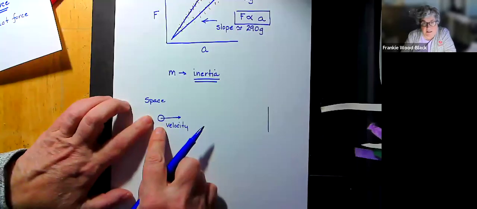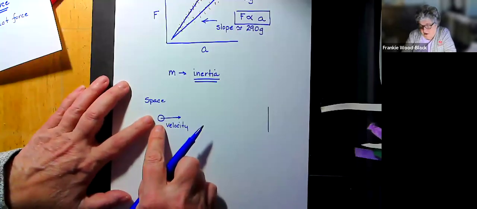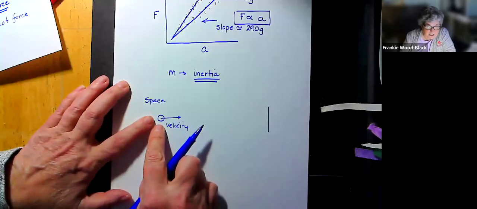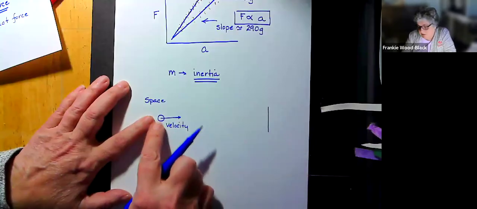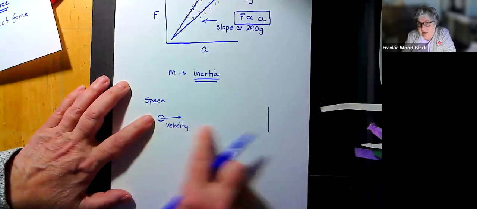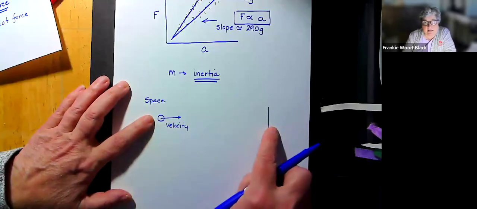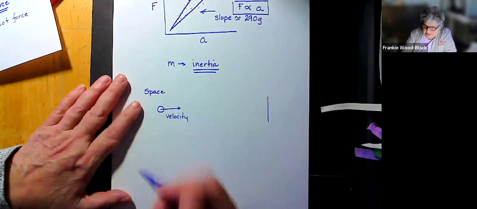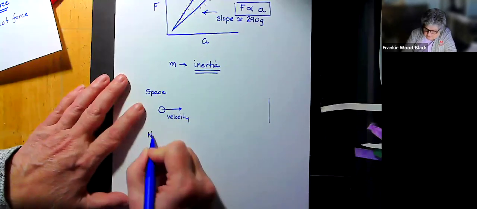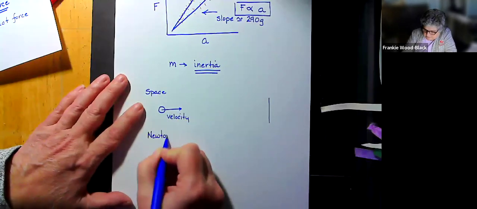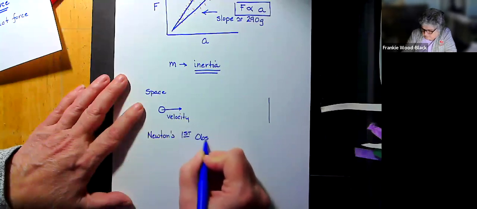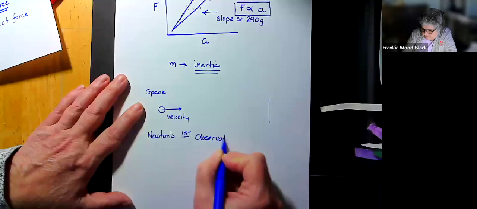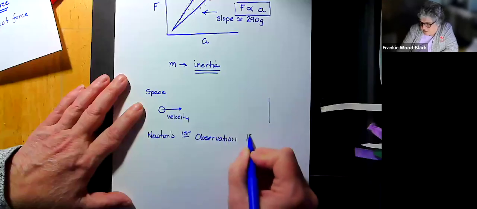Well, the closest thing that we can do on Earth is we've got to get something that's very frictionless. It doesn't have a whole lot of friction. And I can do that. And if I think of a hockey puck, we know that it's going to continue sliding across the ice until it hits something else. And this gives us Newton's first observation, or what we call the first law.